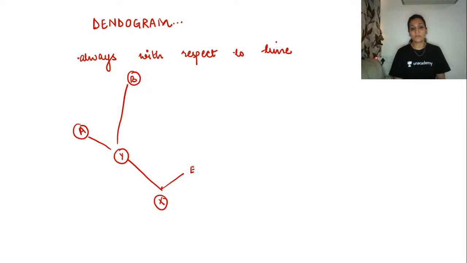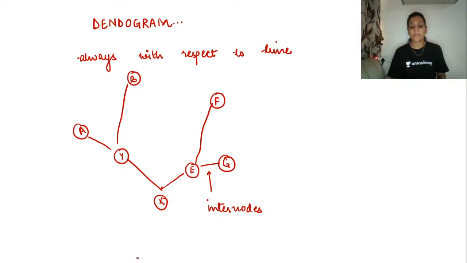This is another line of evolution where it evolved like this. These lines are called internodes.